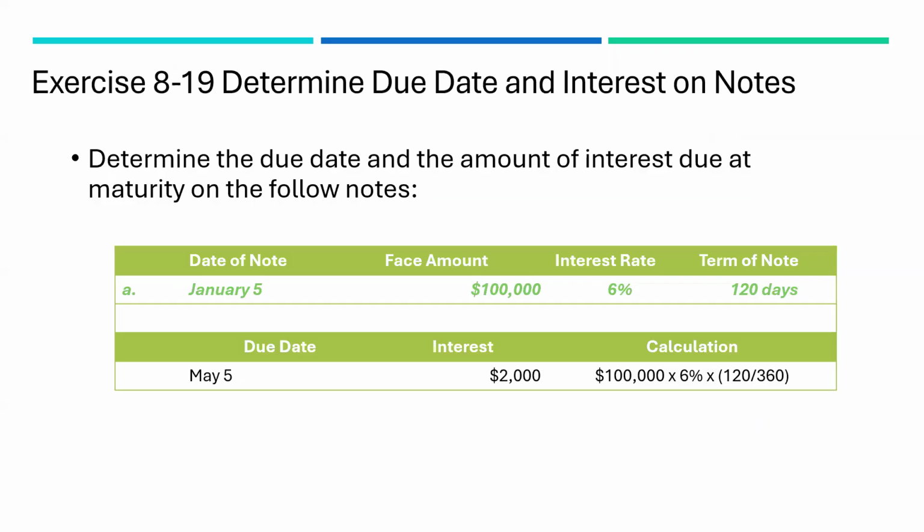And then we have 28, 31, 30 from April. And then May is 31, but there's only 5 days left in May. And that would be the distribution of our days.